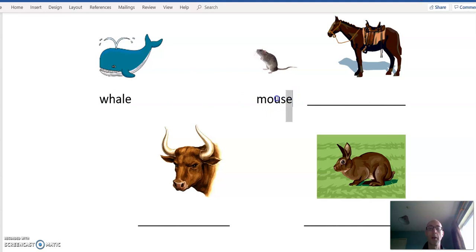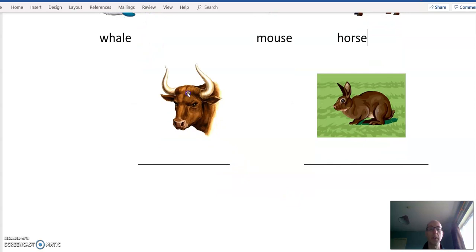A mouse. M-O-U-S-E. A horse. How do you spell it? H-O-R-S-E. What's this thing? A bull. And the last one, what is it? A rabbit, R-A-B-B-I-T.